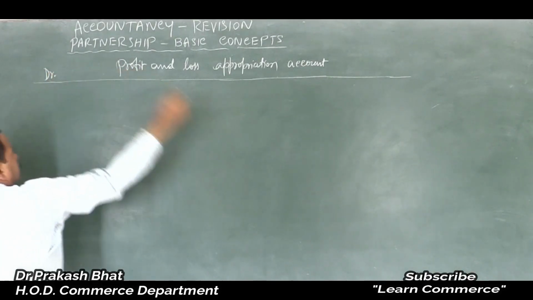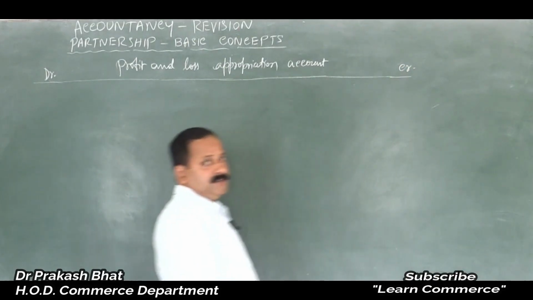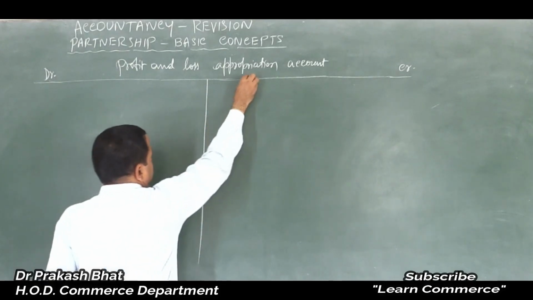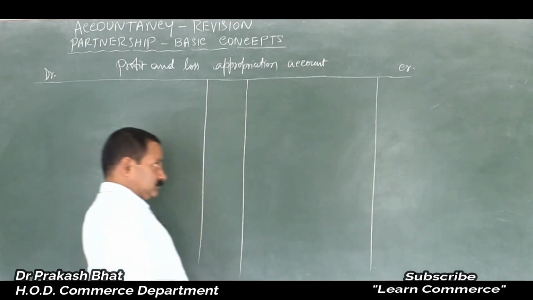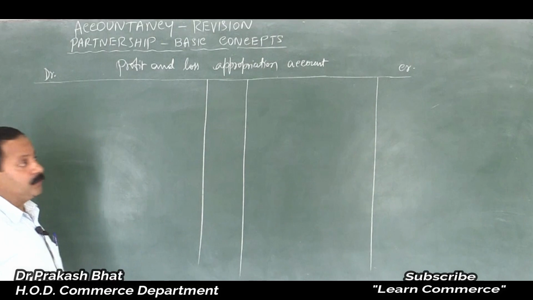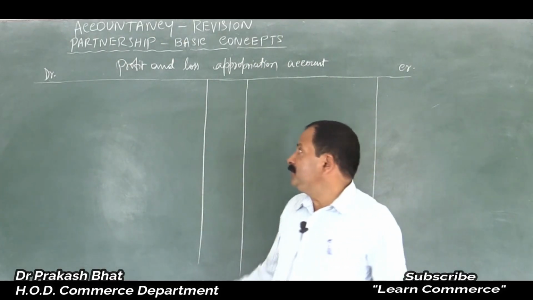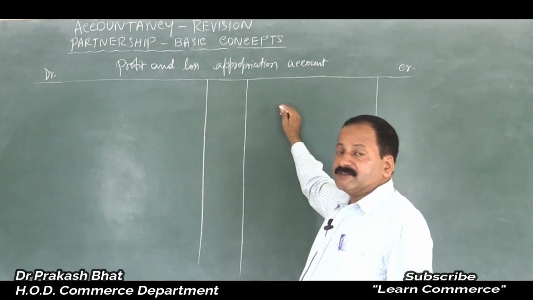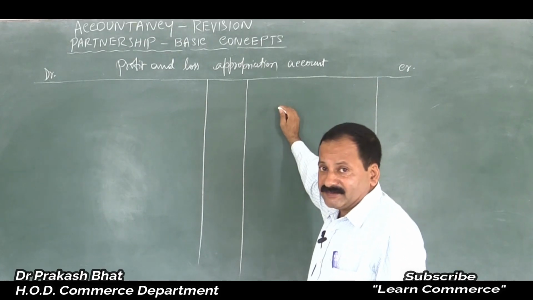Debit and credit is a must, isn't it? Then I told you the amount column, particulars and amount in rupees. Then I told you it starts with the profit and loss account, because the profit and loss appropriation account is an extension of the profit and loss account.